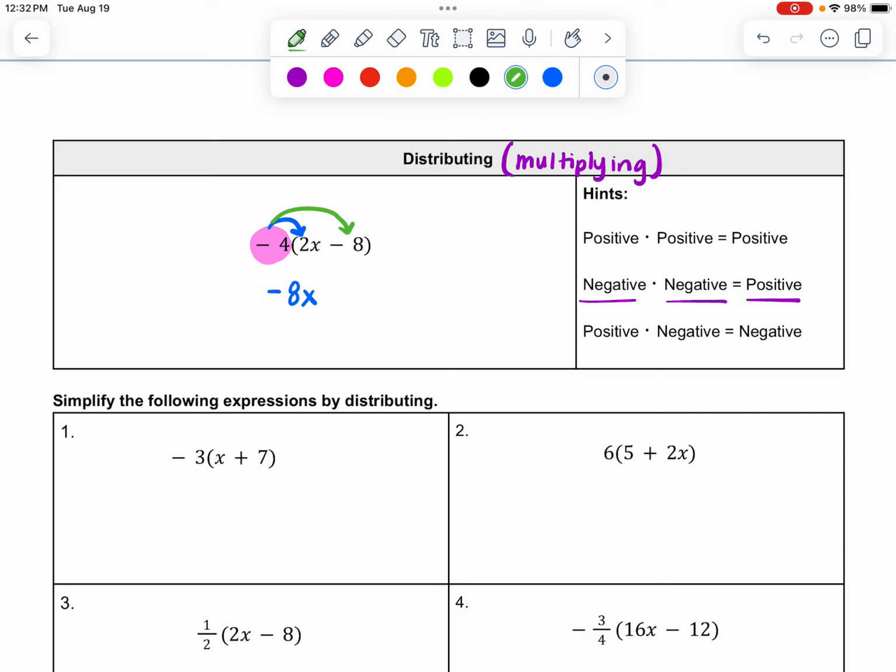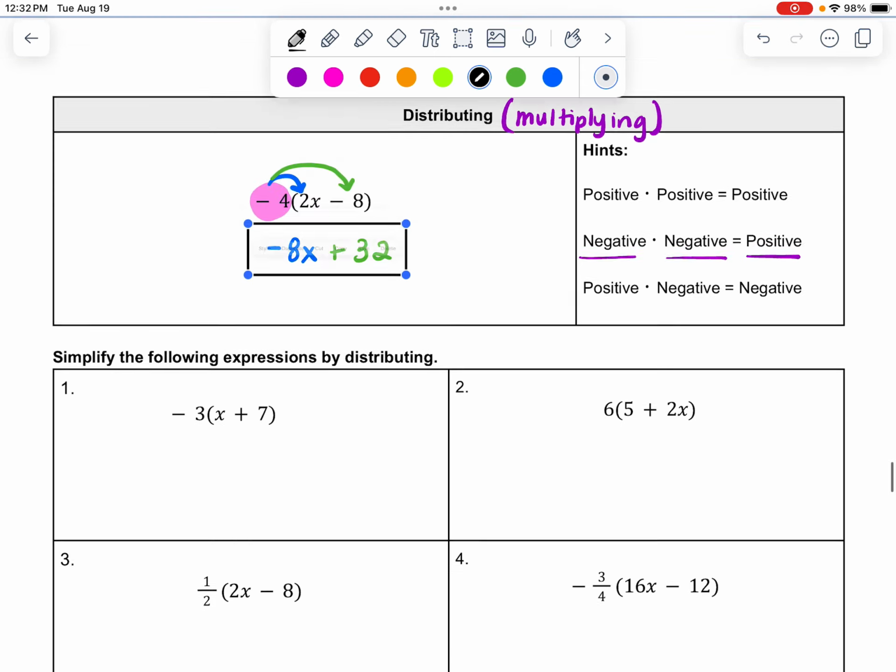So the -4 multiplied by the -8 will give me positive 32. This right here is my final answer. That's all that I need to do when it comes to distributing. Just multiply.